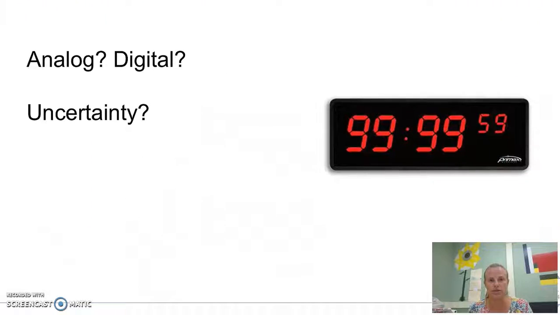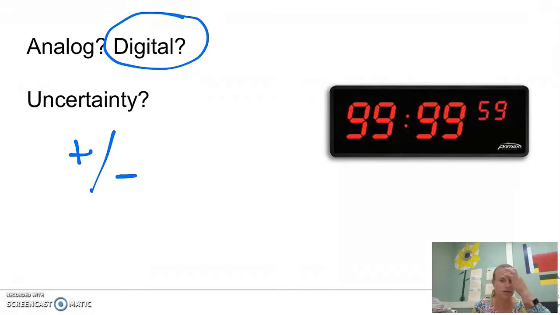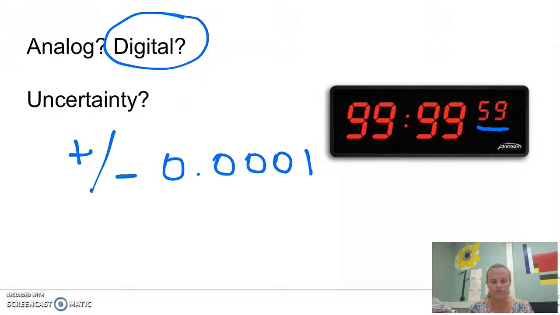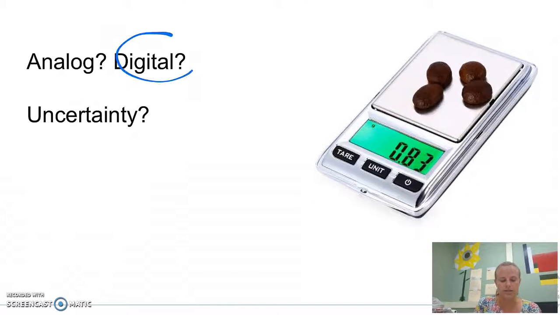Let's try another example. Digital. So now our uncertainty is plus or minus 0.5 of the smallest significant increment. So here's our smallest significant increment. So it's going to be 0.0001. Our scale, this is a digital scale.